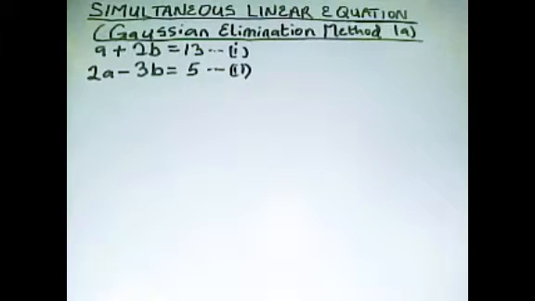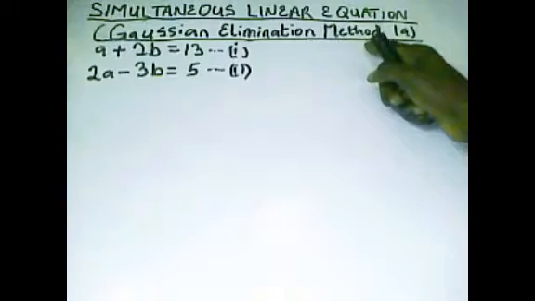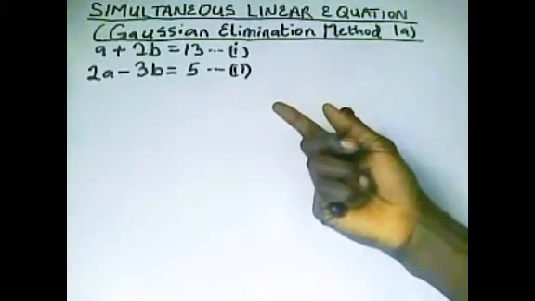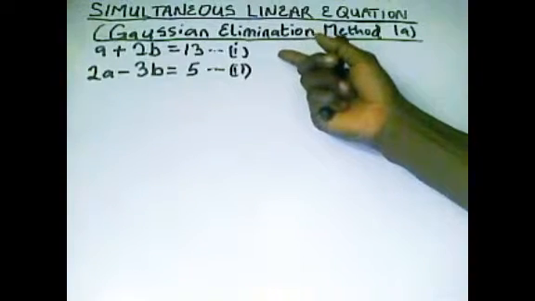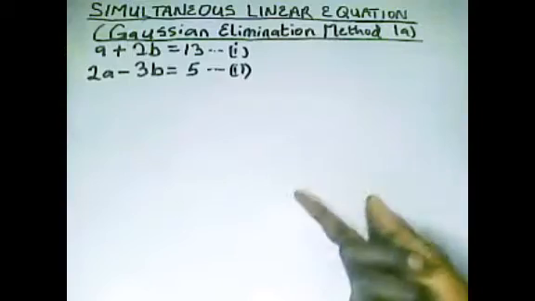on the board. I'm going to explain the Gaussian elimination method step by step, and my goal is to simplify this method so that you can assimilate it and understand it better.